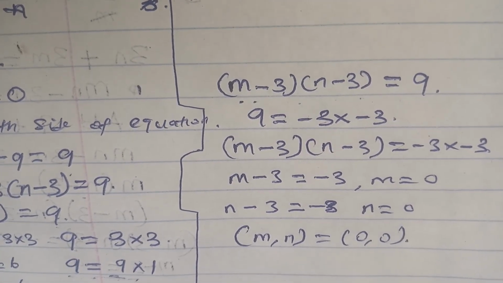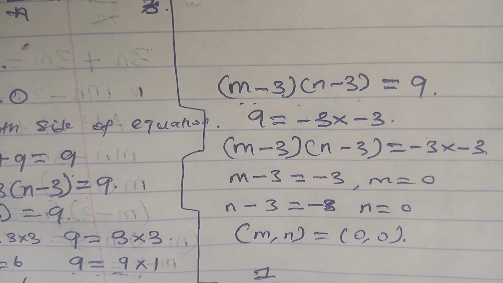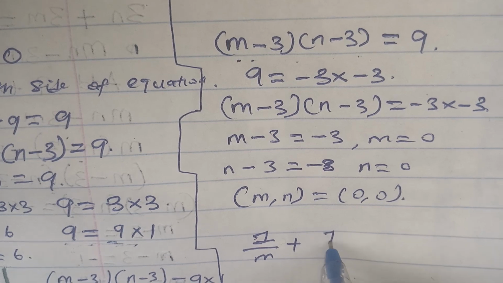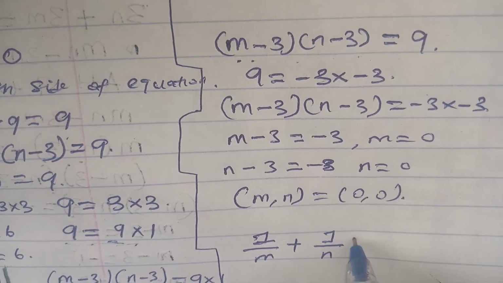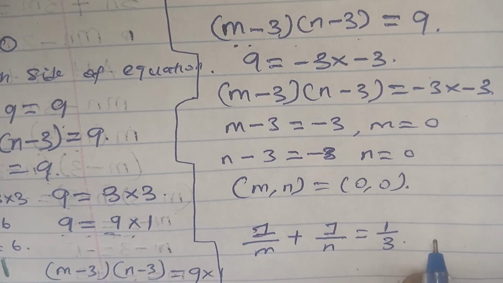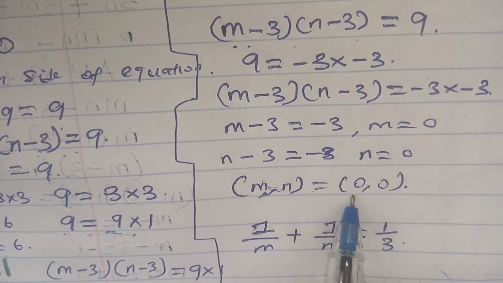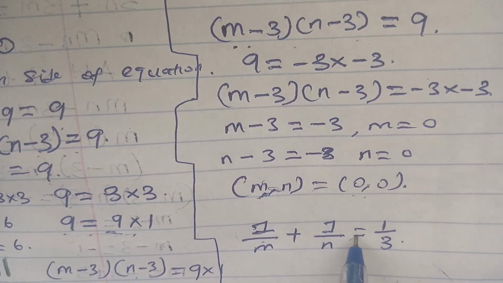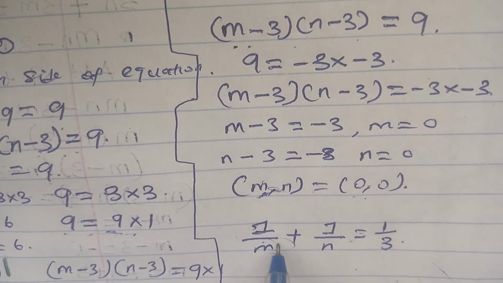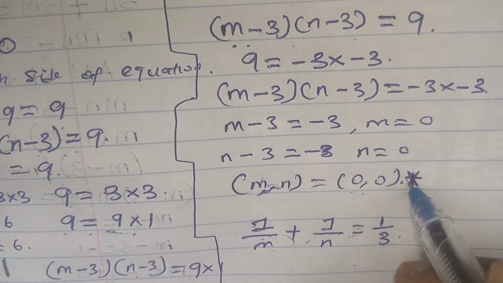So looking at our equation, we said our equation says 1 over m plus 1 over n is equal to 1 over 3. So if we put this value of m and n into this equation, it is not going to give us 1 over 3, because the left hand side will not be equal to the right. So we will eliminate this value.